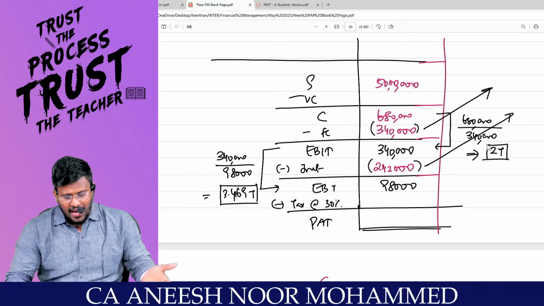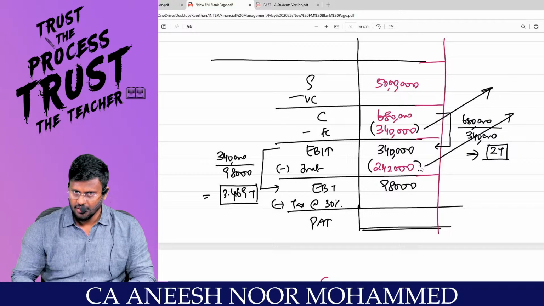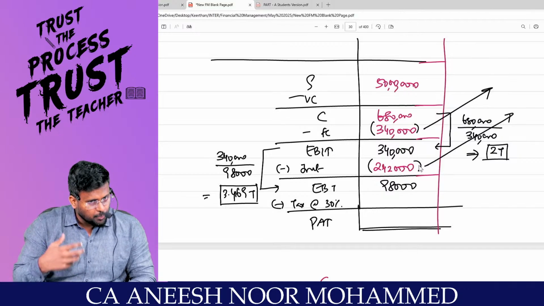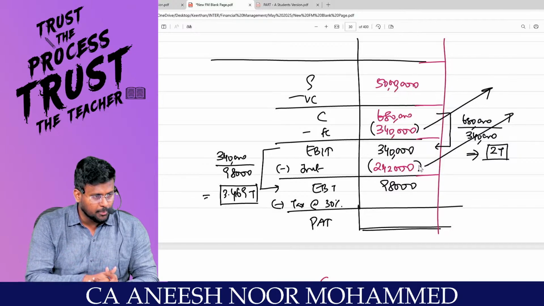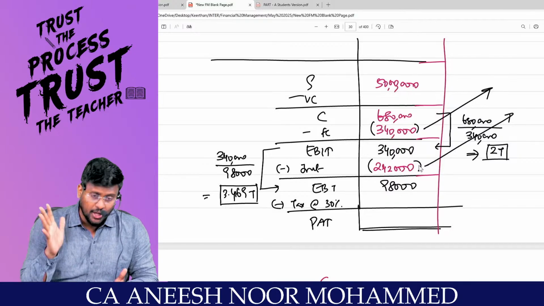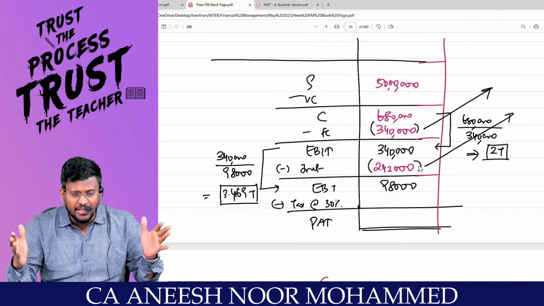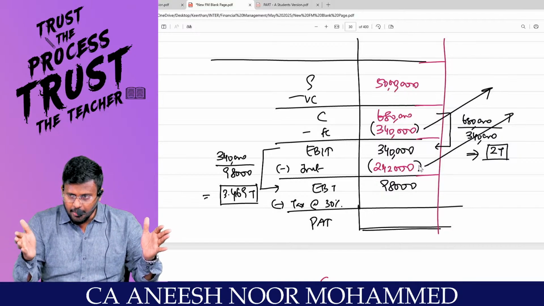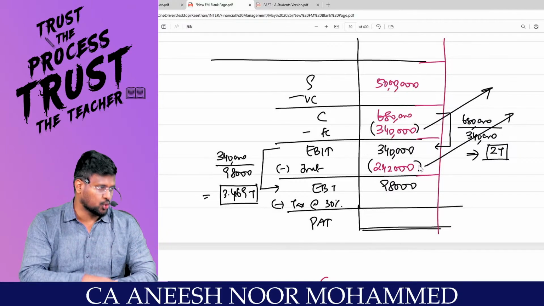You will have more than 2,42,000 rupees interest, or it could be less than 2,42,000 also. Because there is no need that debt should be there for the entire 12 months. Debt may be there for less than 12 months, or you may have more debt also.